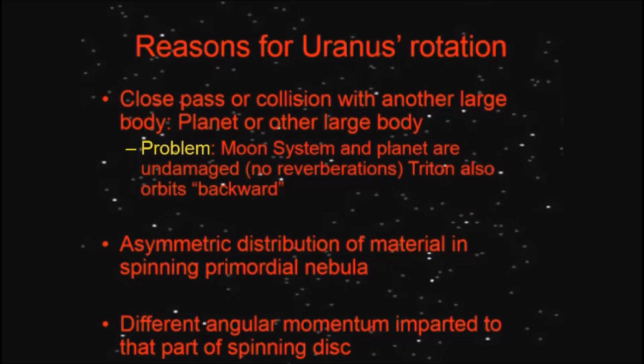It has been modelled, and it probably is the most likely explanation for why. And trying to figure out why our solar system formed the way it did might help us figure out how solar systems form around other stars and the propensity for life around other stars. So, if you want a good reason, it's probably that different angular momentum was imparted to the outer part of this disk from which the solar system formed.